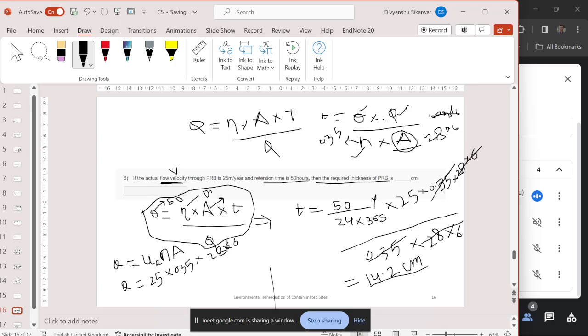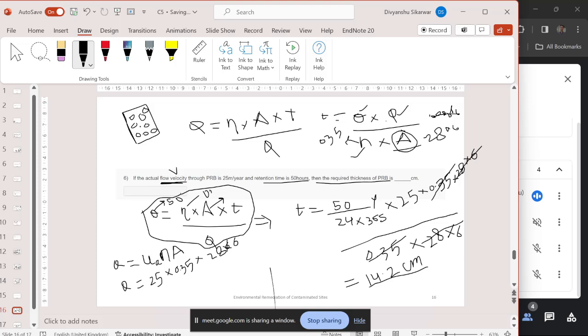Normally we calculate this through Darcy's velocity; if it is given, we can directly multiply it with the area and get the discharge.